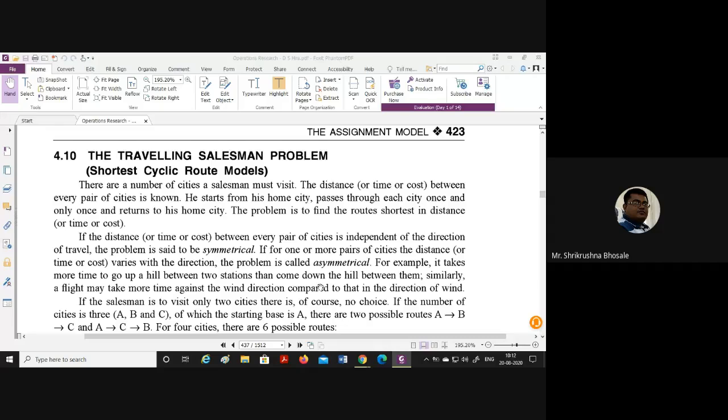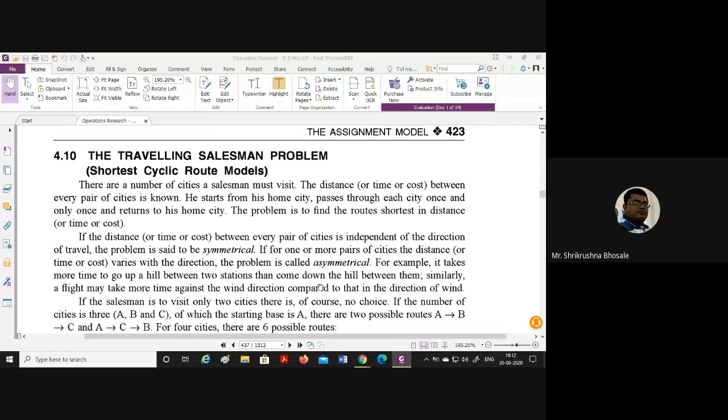Okay, so in the traveling salesman problem, first we have to consider that one salesman is traveling to a number of cities.